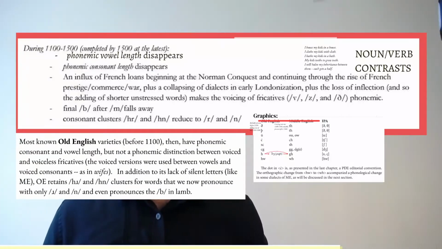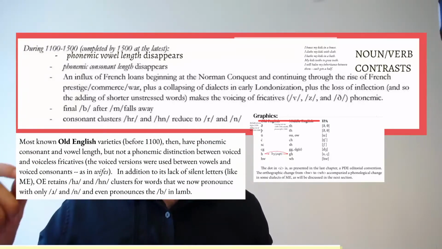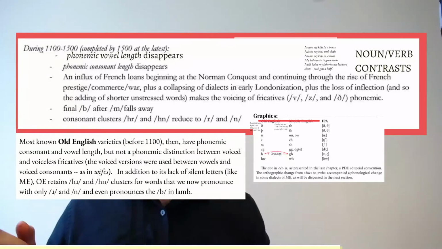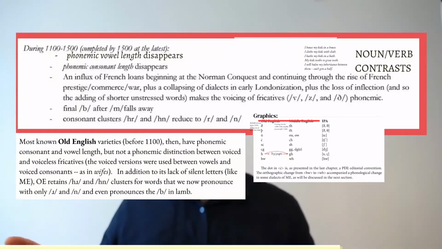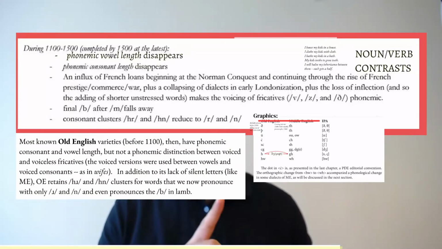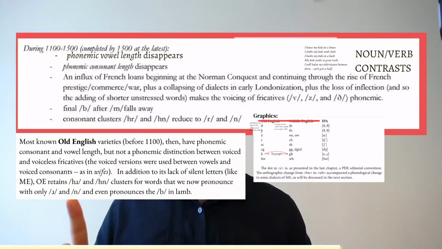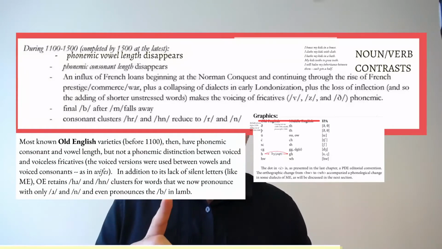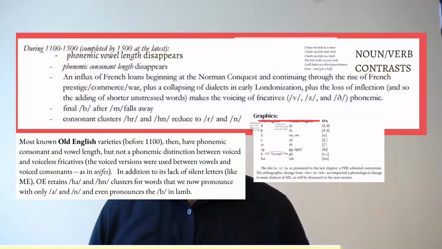They're allophones, right? F and v here are allophones. In addition to its lack of silent letters, like Middle English, Old English retains hr and hn clusters for words that we now pronounce with only r and n, roof and nail. It even pronounces the b in lamb, right?